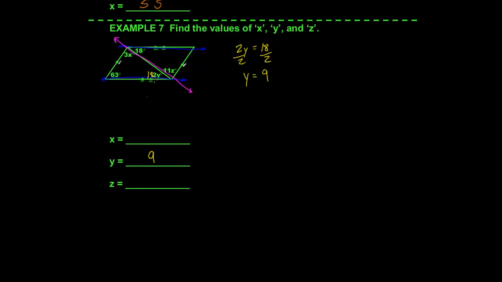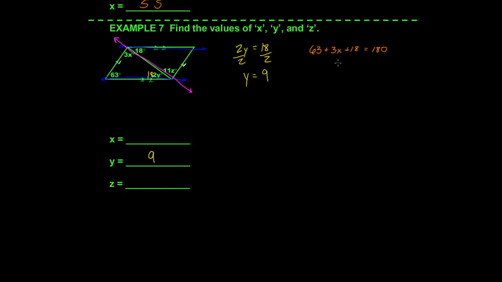So now we can use that to solve. We have 63 degrees plus we have a 3x in this corner. And then here we know that this together is going to equal our 18 plus 18. We know that all those added together in the triangle equal 180.